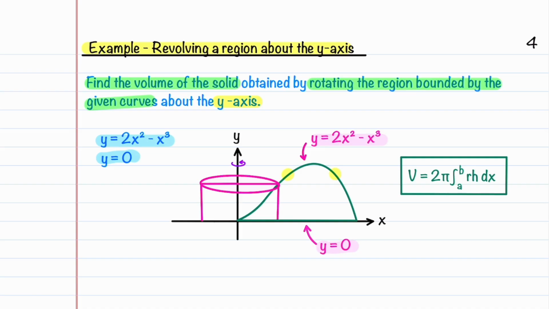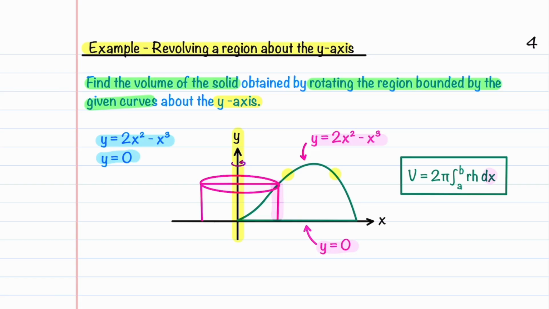We're going to be revolving this curve about the y-axis, and the cross-sectional area is cylindrical shells. The thickness of each shell is dx, so we are going to be integrating with respect to x, which means the first thing that we need to do is find the x value for the points of intersection.